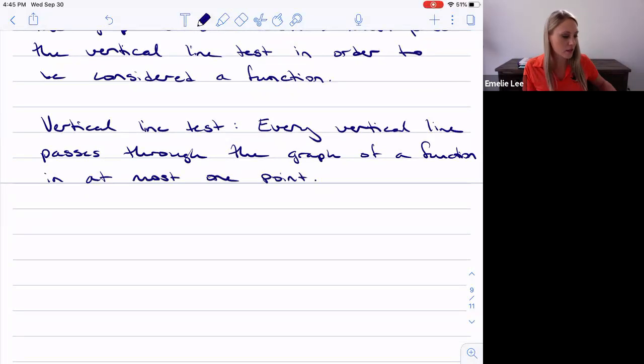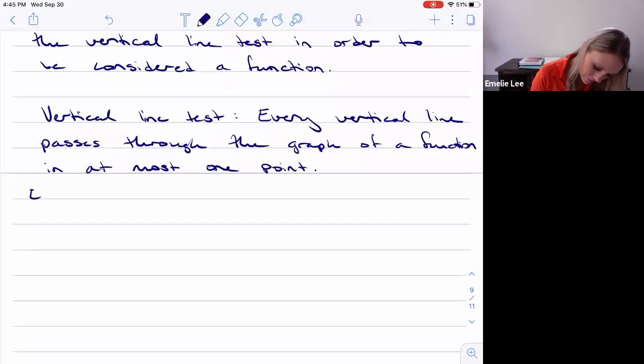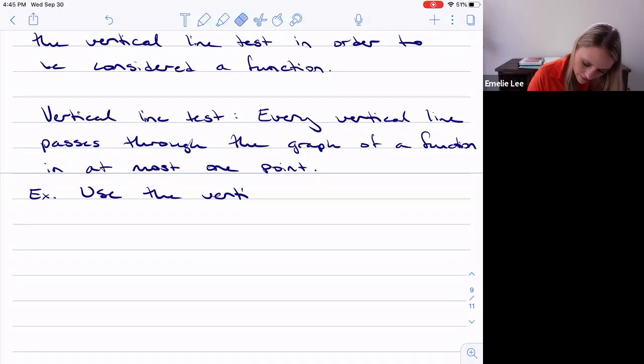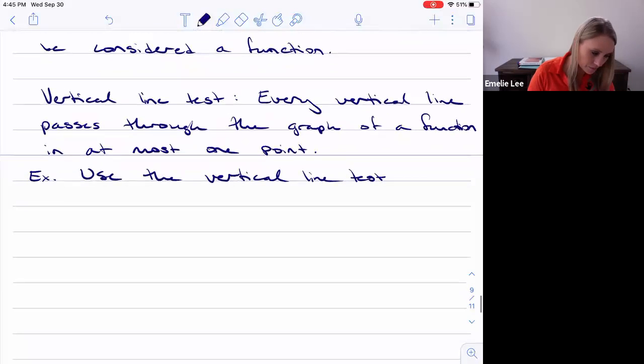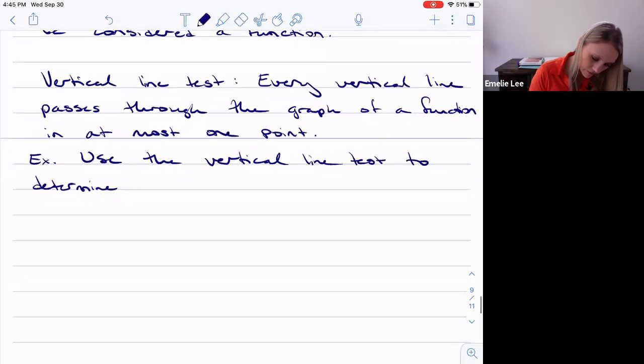So I've got a couple of examples here, which I'll draw out. Use the vertical line test to determine if the given curve is the graph of a function.